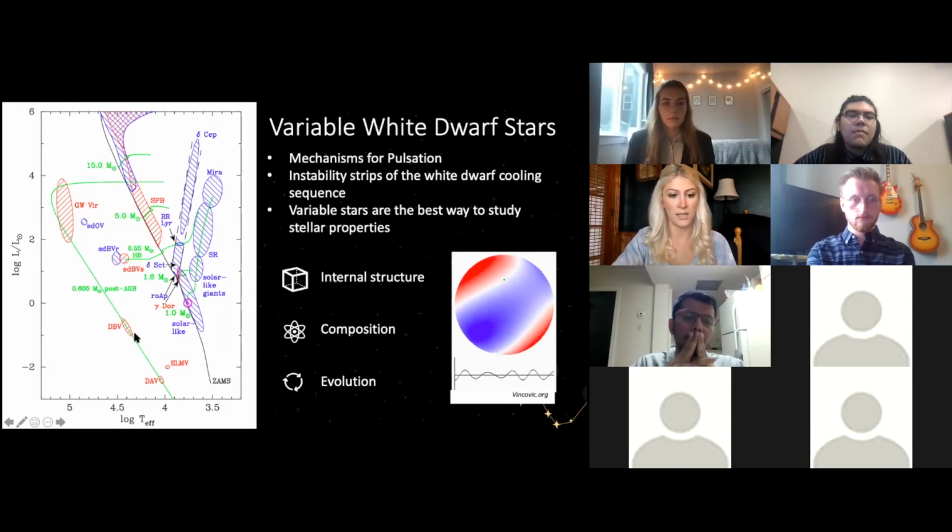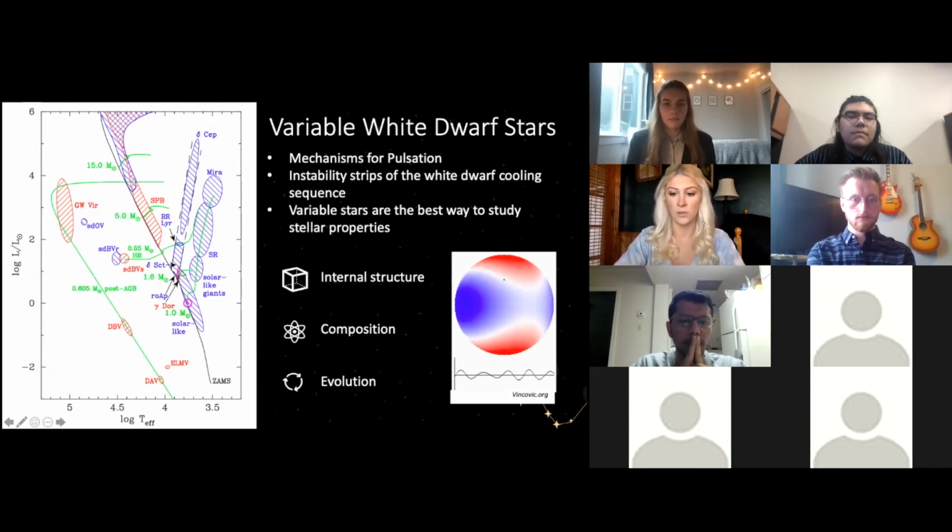This is a helium-rich variable white dwarf, a hydrogen-rich variable white dwarf, and an extremely low mass variable, which we will not be talking about. But at these distinct temperatures, white dwarfs are observed to pulsate. Using astroseismology and finding these pulsating stars, we can determine things like internal structure, their composition, and important stages in their evolution. So we're very interested in finding these variable stars.